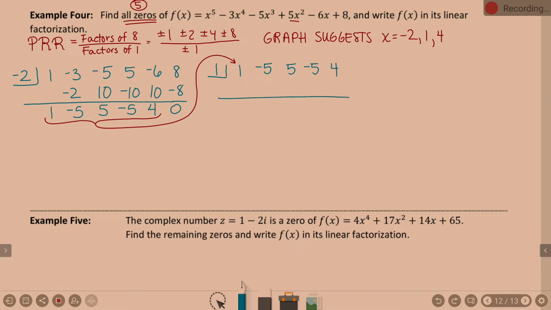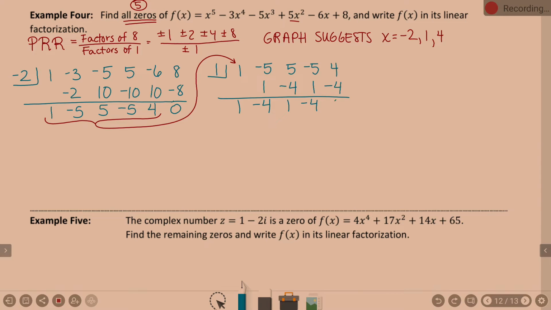Drop 1, multiply. 1 times 1 is 1. Add -5 plus 1, -4. Multiply 1 times -4, -4. Add 5 plus -4, 1. Multiply 1 times 1, 1. Add -5 plus 1 is -4. Multiply.